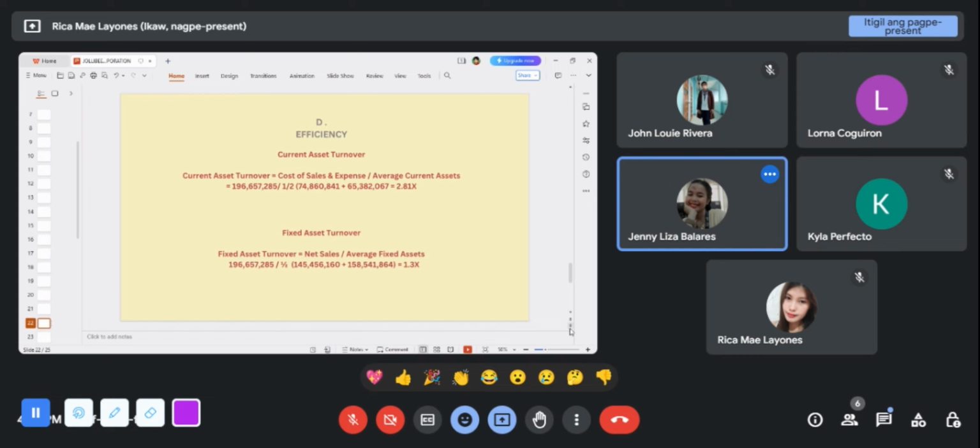Cost of sales and expenses is 1,196,657,285 divided by average current assets, 74,860,841 plus 65,382,067 multiplied by 1/2, equals 2.81x.